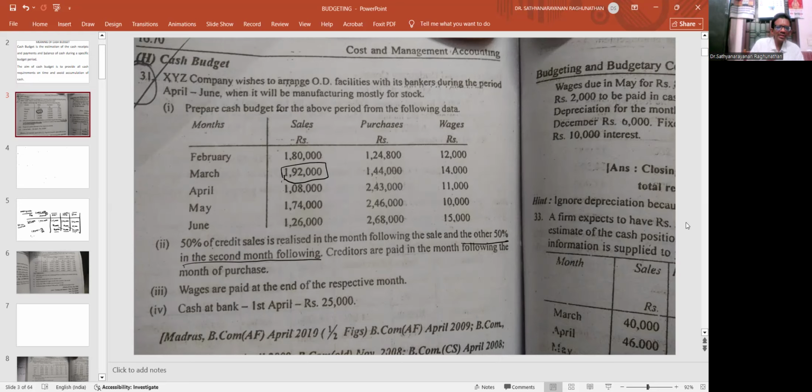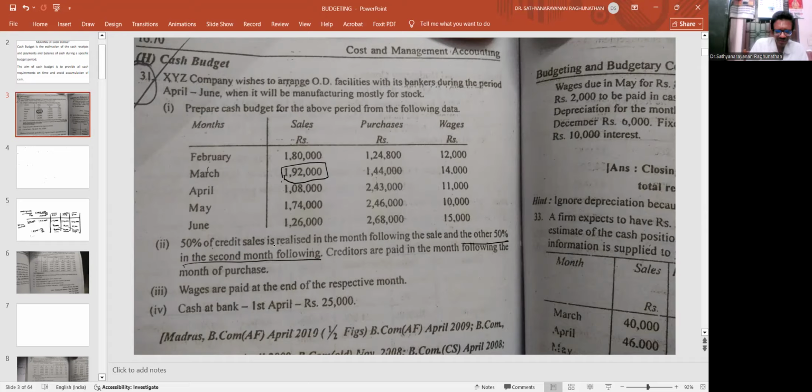Now here, 50 percent of credit sale is realized in the month following the sale, and the other 50% in the second month following.